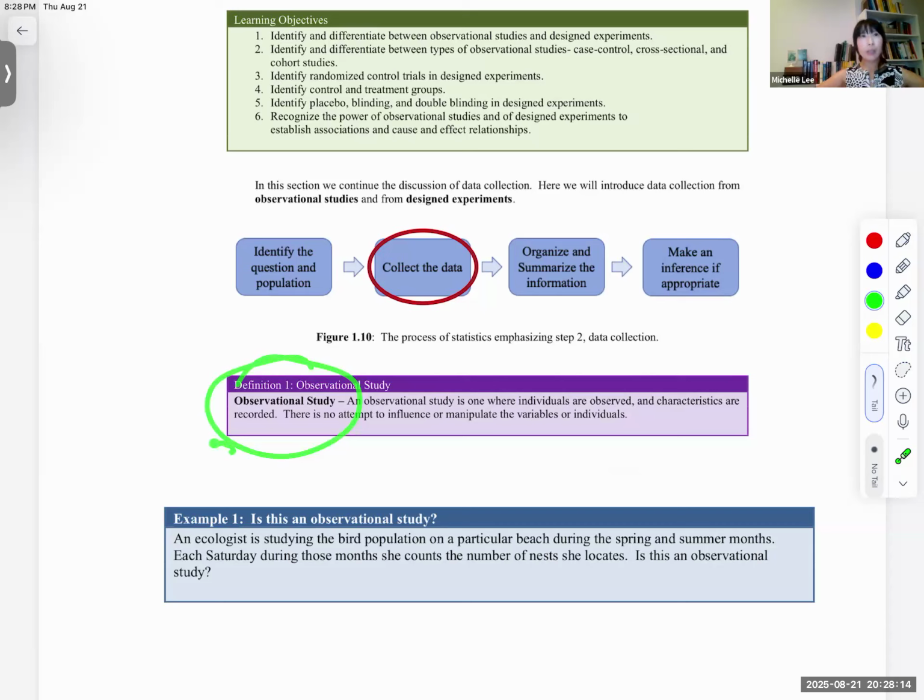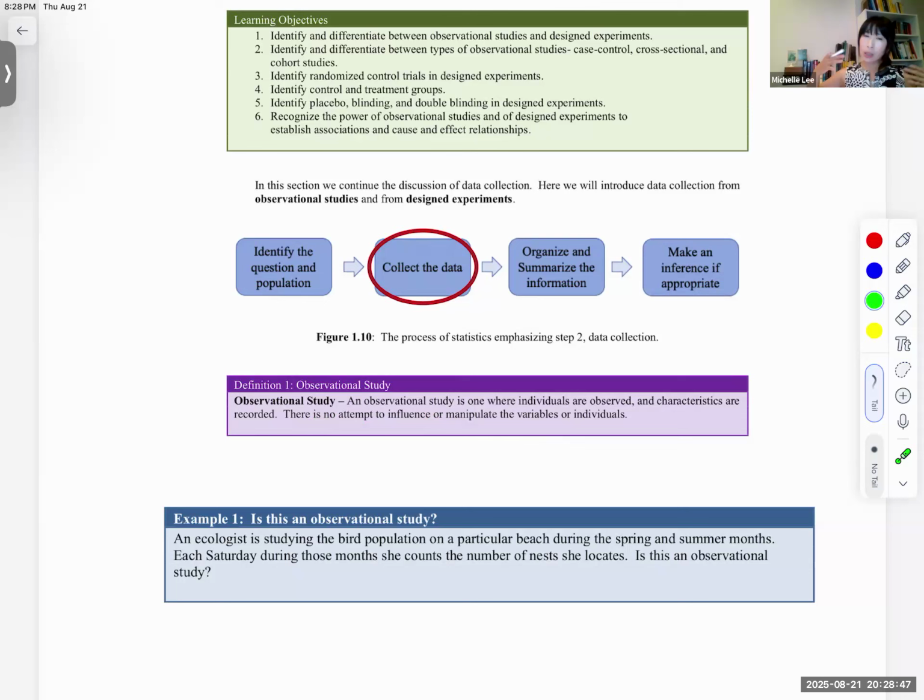So we have the observational study. The definition: an observational study is one where individuals are observed, just observed, and characteristics are recorded. There is no attempt to influence or manipulate the variables or individuals, okay?